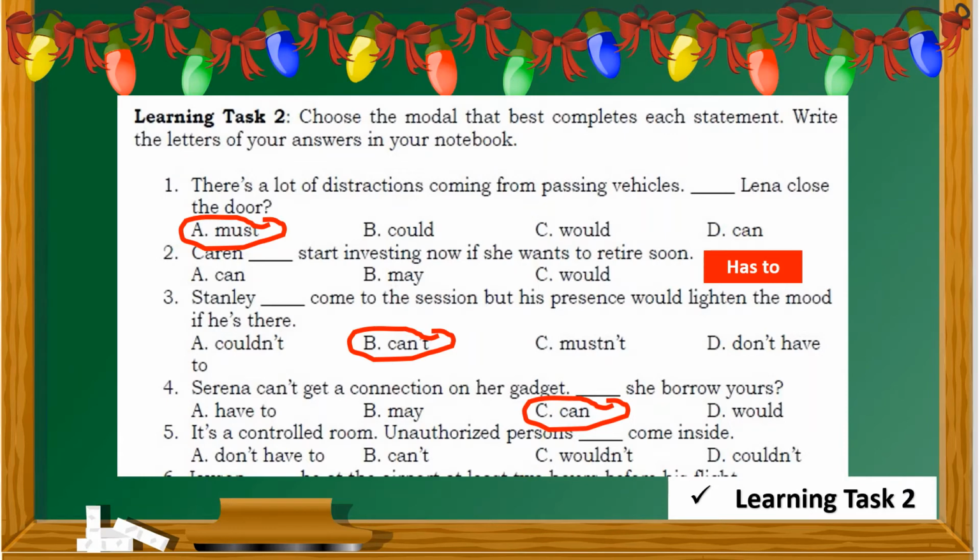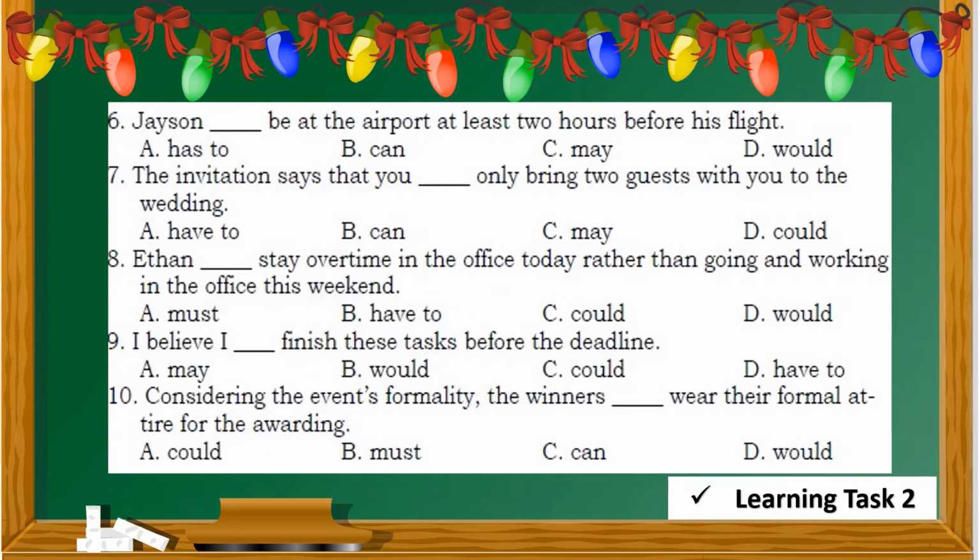Number 4, the correct answer is letter C, can. And number 5, it's letter B, can't. For number 6, the correct answer is letter A, has to. For number 7, it's letter B, can. For number 8, it's letter A, must. For number 9, it's letter D, have to. And for number 10, it's letter B, must.